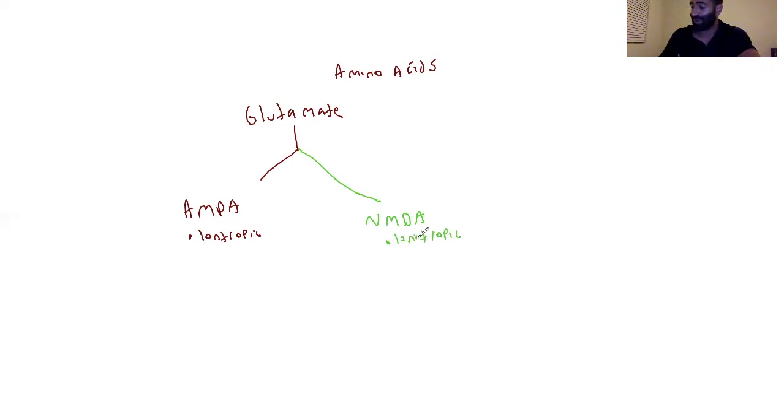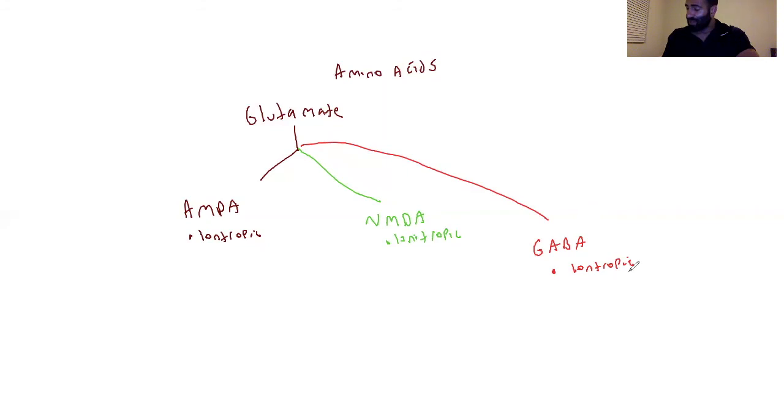And it also binds to something called a GABA channel. And GABA channels, when they are activated, are going to be inhibitory. So these are also going to be ionotropic. And what it does is it is going to cause inhibition, so it's going to tell neurons to turn off.